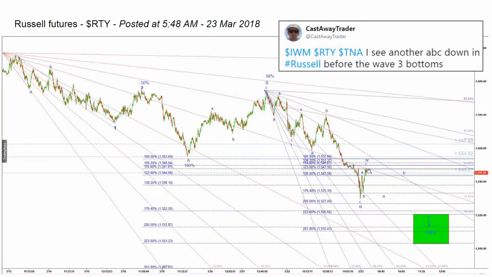So we got corrective looking up. We still had our target for the wave 3 lower, so I understood it could only be a minor 4 up. And if we have a 4 up, we need another ABC down, which would complete that wave 3 down. And this is exactly what I wrote in my post.